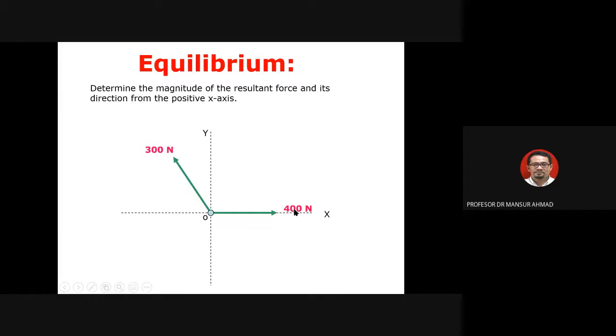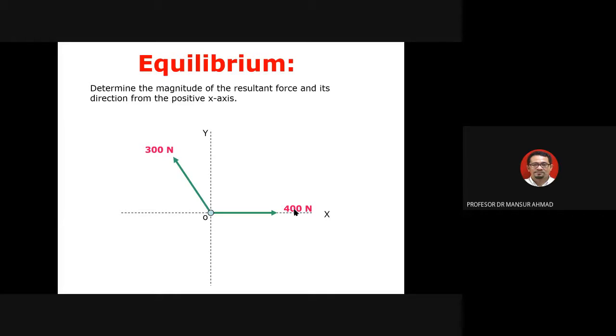So again, ini hanyalah nampak macam anak panah dan number saja dan paksi. This is a model. So again, like I told you, you need to imagine this as the real thing, yang sebenar.